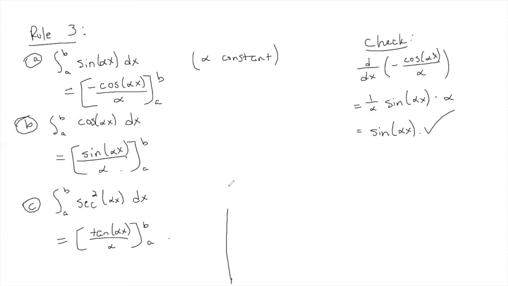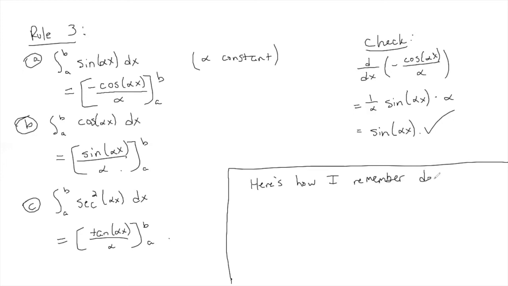Now, just in terms of remembering things, here's how I remember derivatives and integrals of sine and cosine. And this really is pretty nonsensical, so if it doesn't help you at all, then that sort of makes sense.